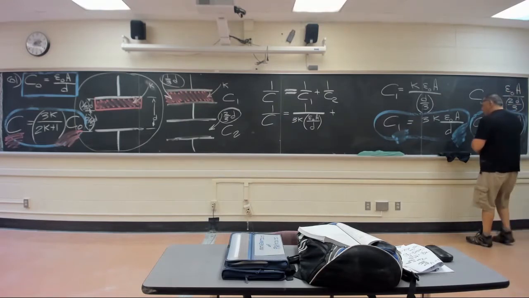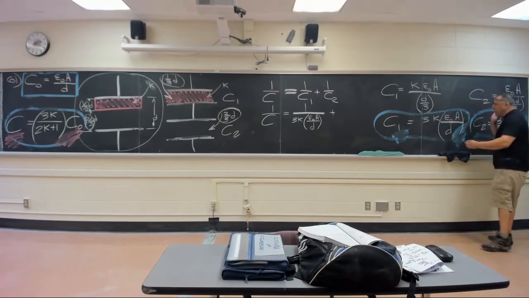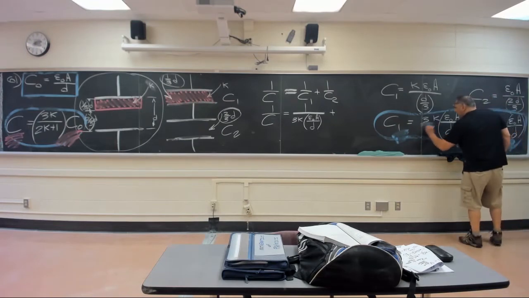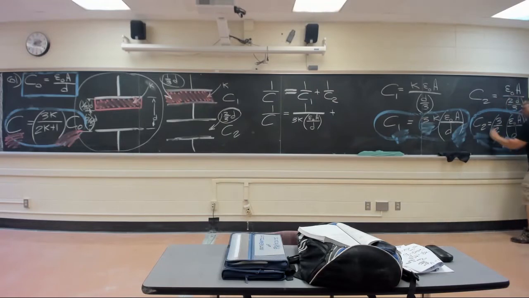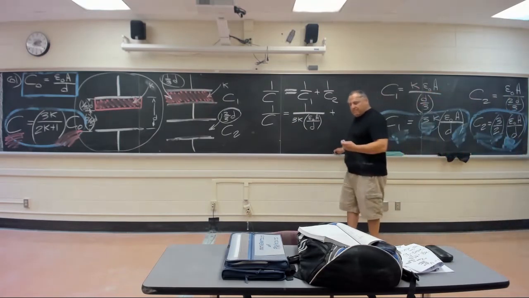Yeah. This epsilon naught A over D is more or less the standard. This 3 kappa multiplied with that, this 3/2 multiplied with that. But the epsilon naught A over D, it's the hardest part of the whole problem.